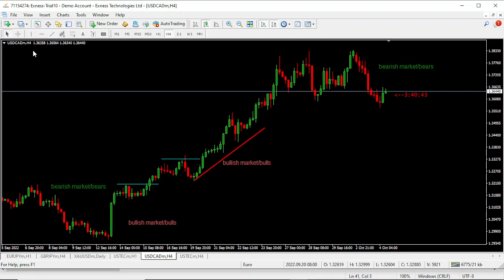High here, another high over here, another high over here, another high over here. Then we're gonna go ahead and measure our lows.